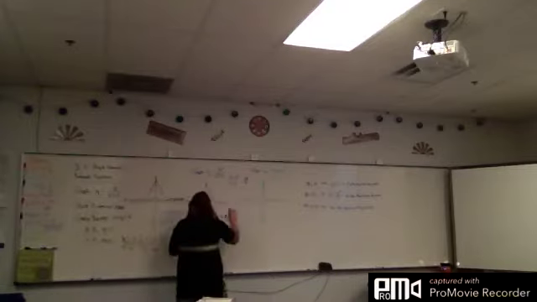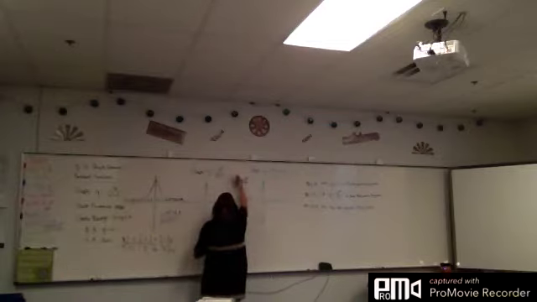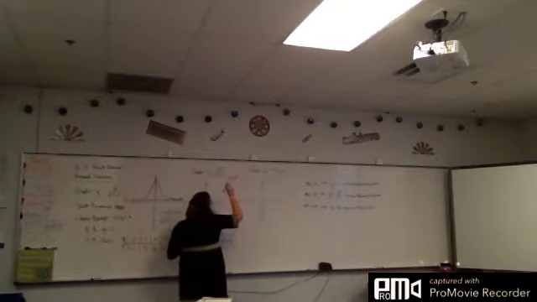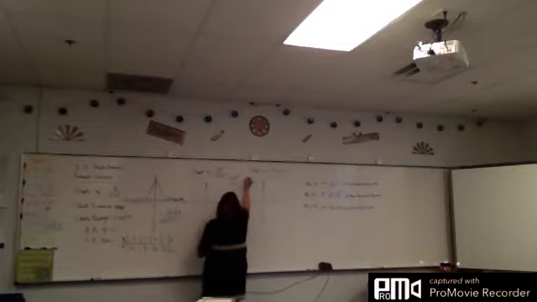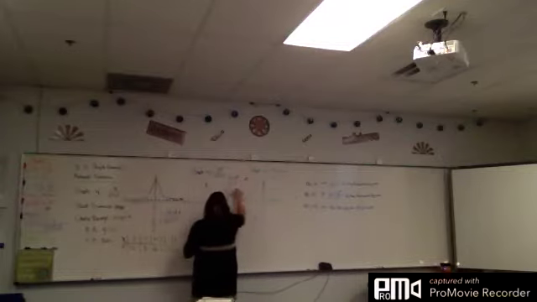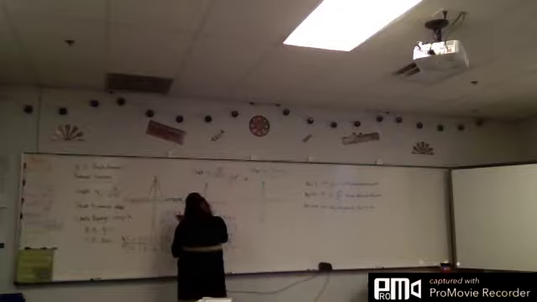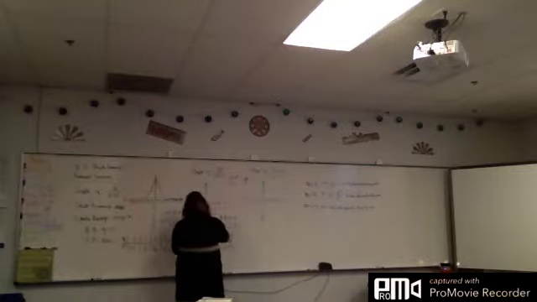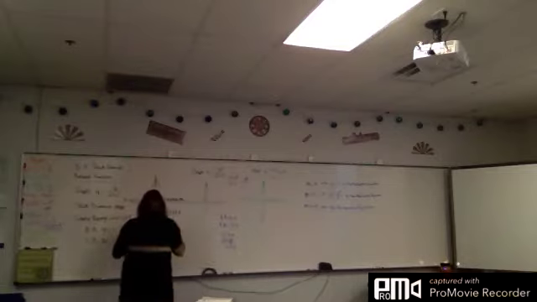Okay, plug in negative 4. Negative 4 squared is 16. 16 times 2, 32. 16 minus 9 should be 7. And 32 divided by 7 should be 4.6. So I'm gonna graph this.